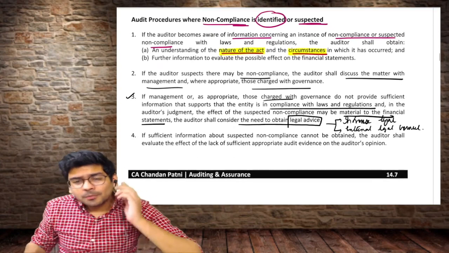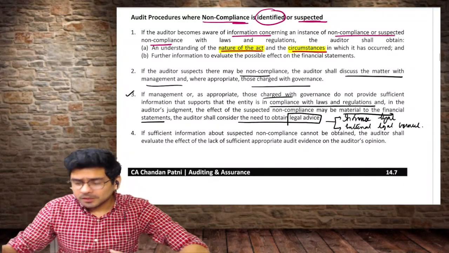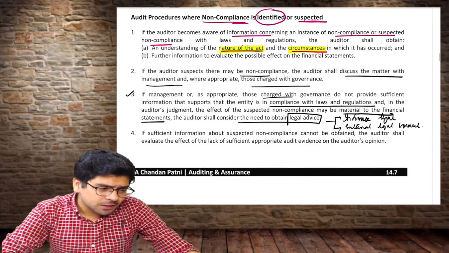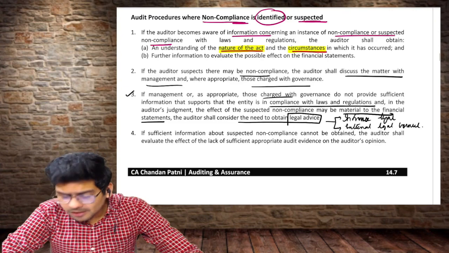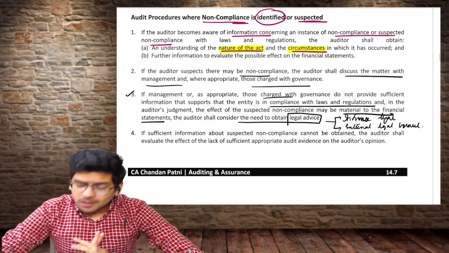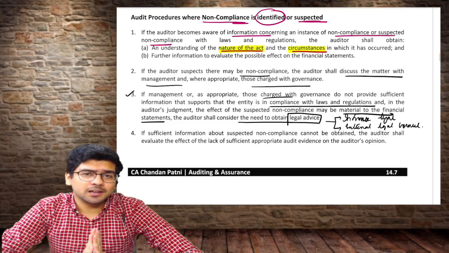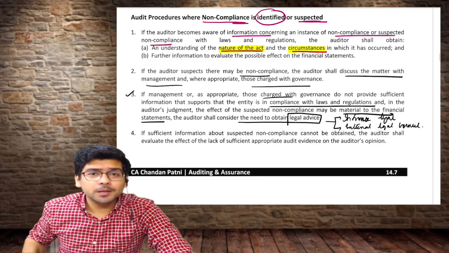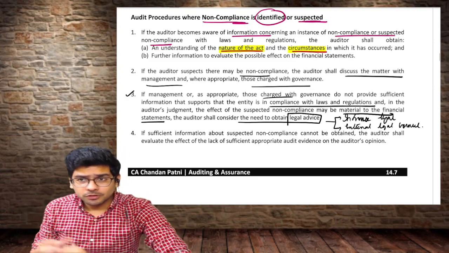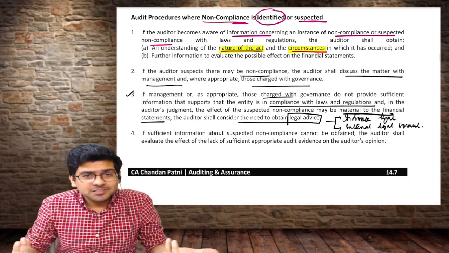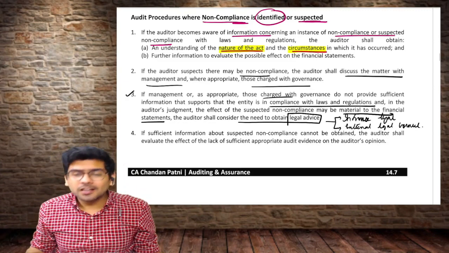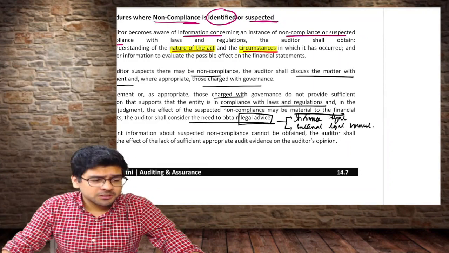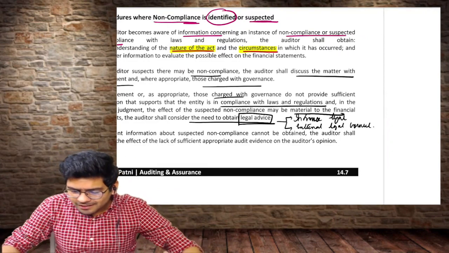But it might also so happen, connecting with 501, that if I ask an external legal counsel something about the client, they may not want to tell us everything, because they themselves are bound by the code of ethics, by the confidentiality principle. They might not want to tell us everything, because we are just a third party for them. So in this case, if you are still not able to find out whether there was a violation of law or not, that is why you are taking the help of the experts here.